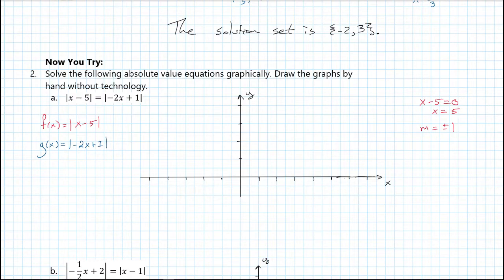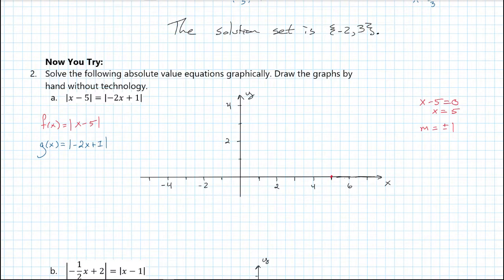So let's go ahead and say, all right, we've got 2, 4, 6 here, and then negative 2, negative 4, and then 2, and then 4 here. We'll start with that. We might need to edit that. Wondering that slope of 2 or negative 2 for g of x makes me think we might need to go a bit higher here. So let's just start with this one, and then we may need to go back.